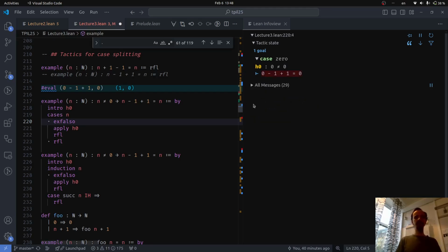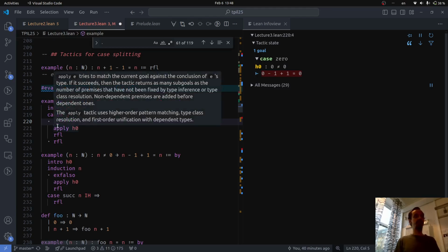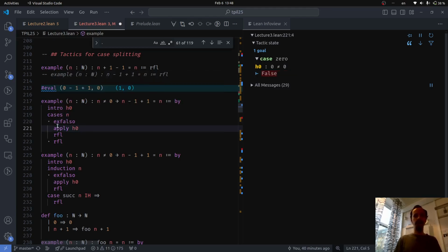In the first case, I have a hypothesis. You notice that it rewrites everything in my goal where the n's were and puts 0 in there. That's what cases does. And now I have a hypothesis that says 0 is not equal to 0. So that's what I'm going to use in order to conclude that this is an impossible case.